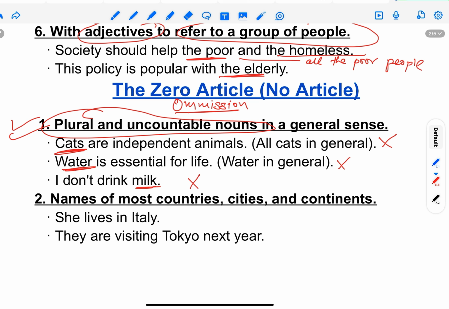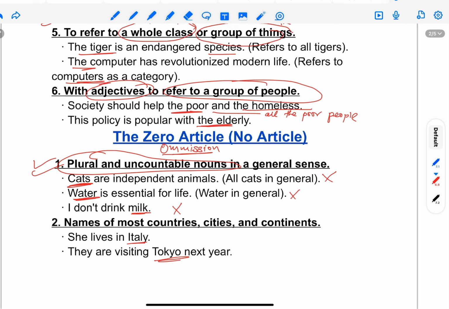Before the names of countries, except a few, and cities and continents, we don't use articles. For example, "She lives in Italy." "I live in India," not "a India." "They are visiting Tokyo": this is the name of a city. "He lives in Delhi." We cannot say "the Delhi"; this will be wrong.